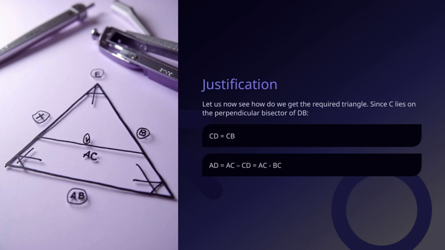Recognizing that C is on the perpendicular bisector allows us to draw conclusions about the symmetry and the equal segments involved. This step is crucial for constructing the required triangle accurately, and it connects directly to the overall goal of understanding the relationships within this geometric figure.